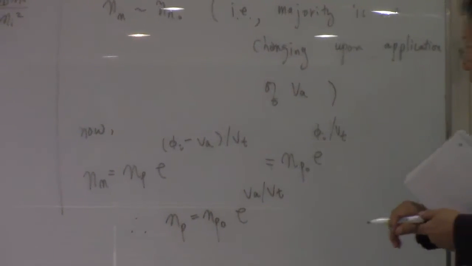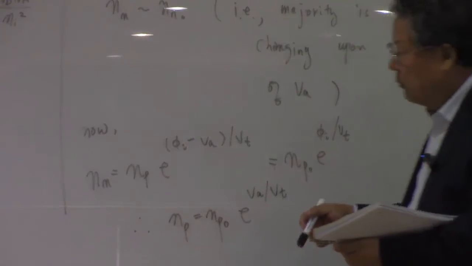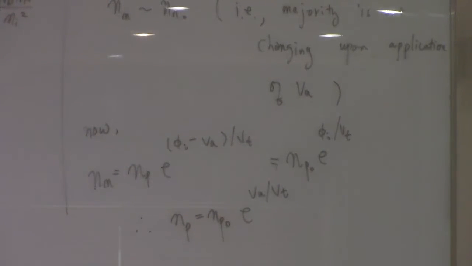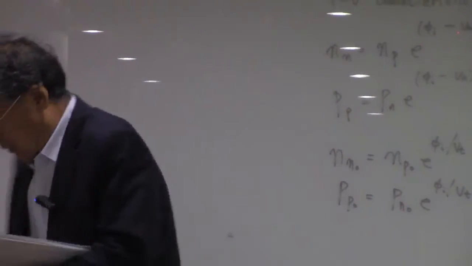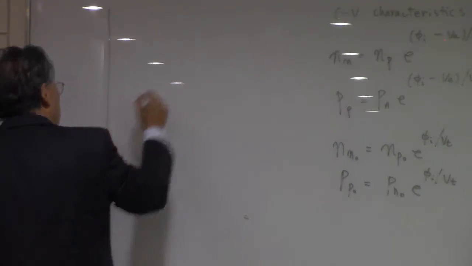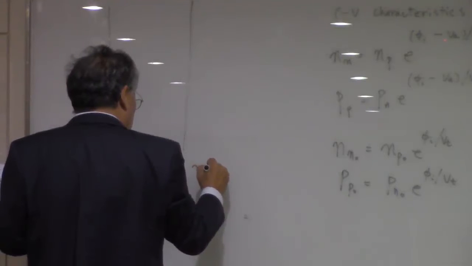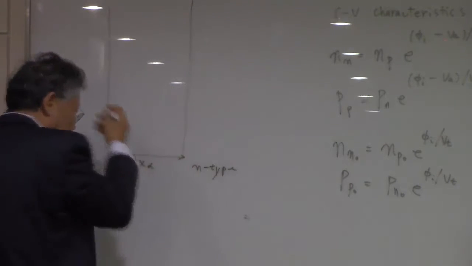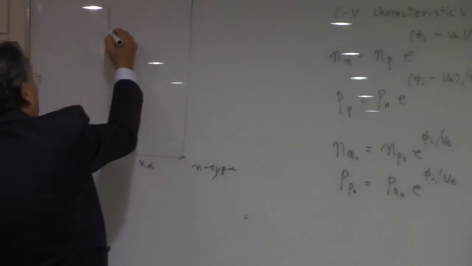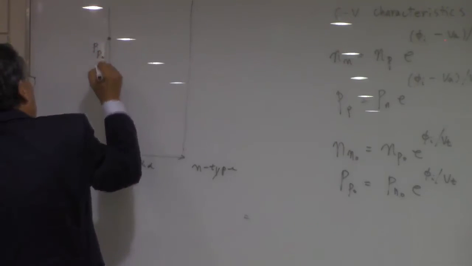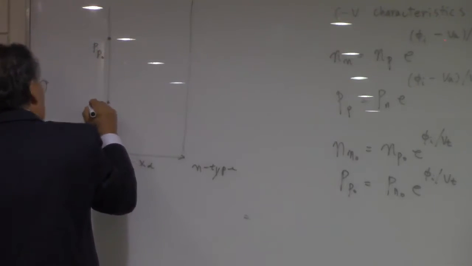What does that mean? It means in this drawing, if you have, let's say, the p side here, and then this is the n side, and we have a depletion region like this, we have an equilibrium value for p_p0, and an equilibrium value for n_p0.